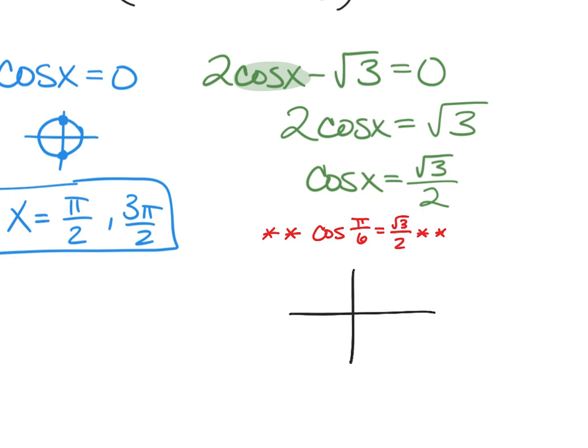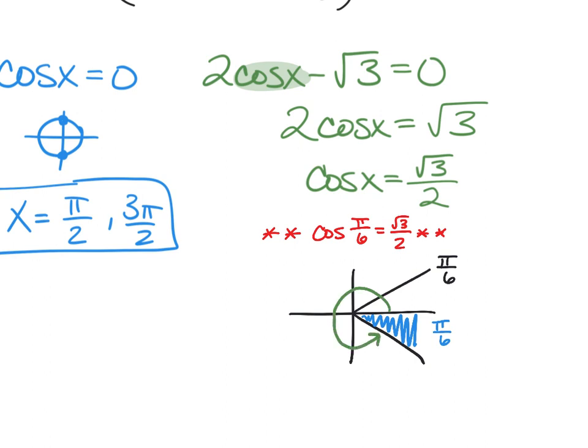But we have to figure out the other place along this unit circle where the value would also be square root 3 over 2. So which other quadrant is cosine positive? Quadrant 4, which means this angle right here, my reference angle, is pi over 6.